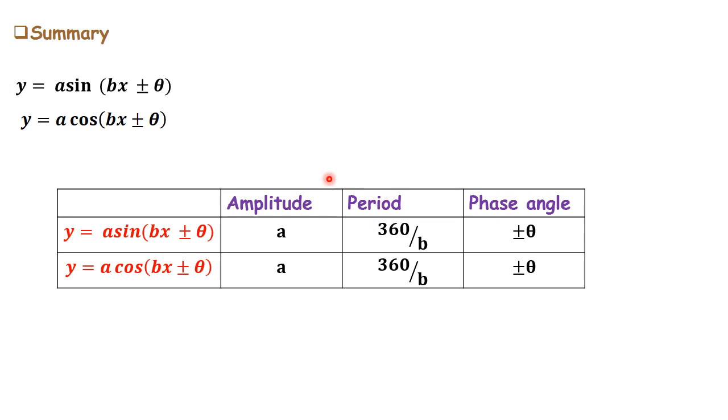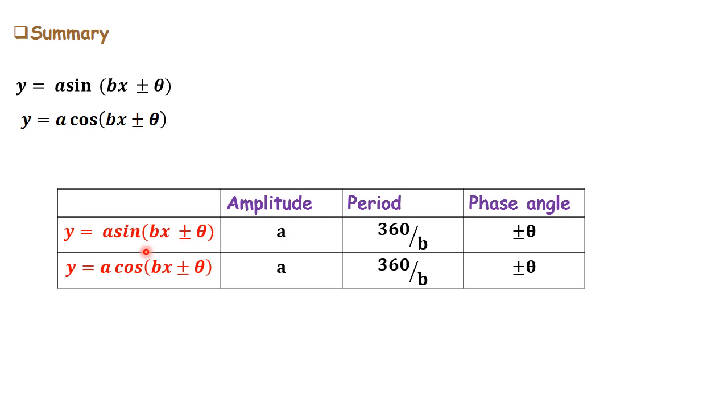The period is normally given by 360 divided by the coefficient of x here. x is the angles, say 0, 15, 30, 45, and all that. So b is the coefficient of that value; if you get 360 divided by that, it'll be the period, the length along the curve before it repeats itself. The phase angle will always be given by the same sign we had here.